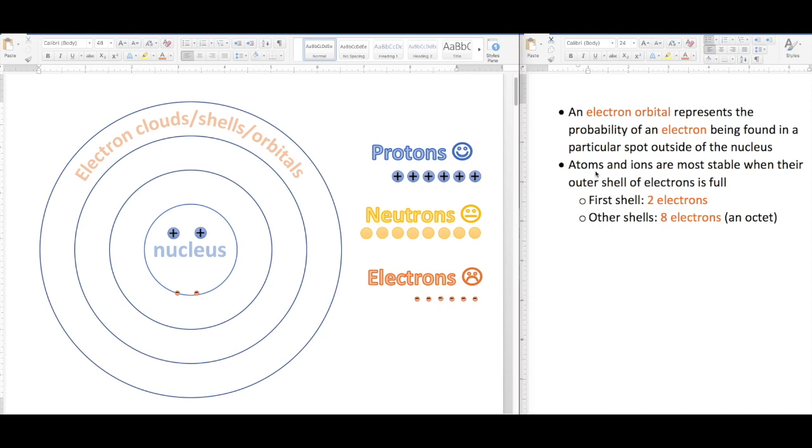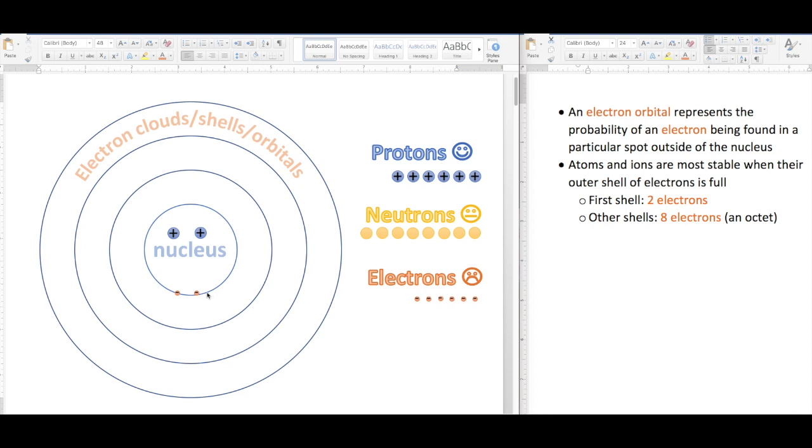So atoms and ions are the most stable when their outer shell of electrons is full. And so just think of a shell as a group of orbitals, and different shells around the nucleus can hold different numbers of orbitals and therefore different numbers of electrons.